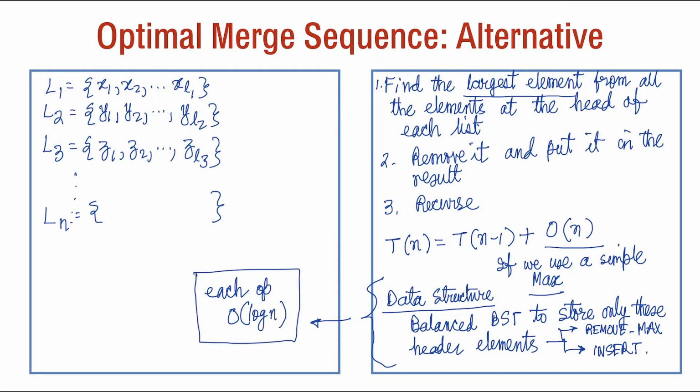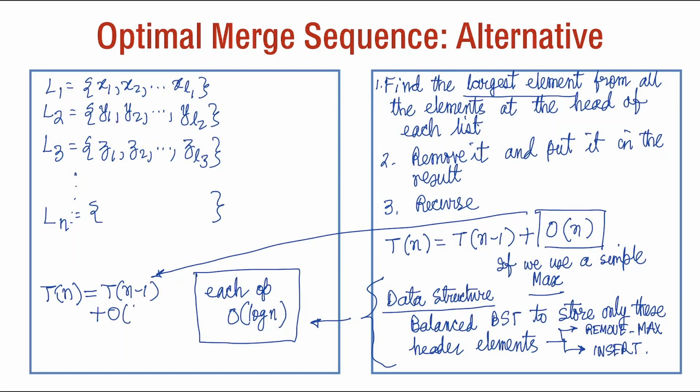So we get T(n) equal to T(n-1) plus order of log n, and this will give us another order n log n algorithm.